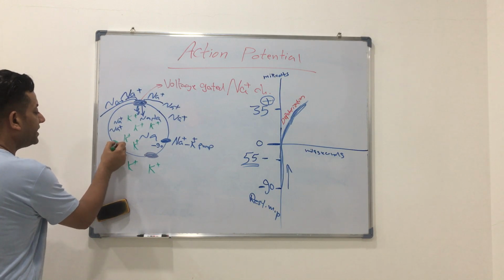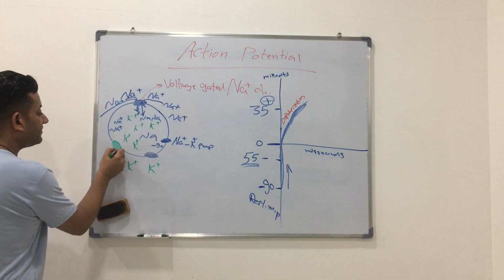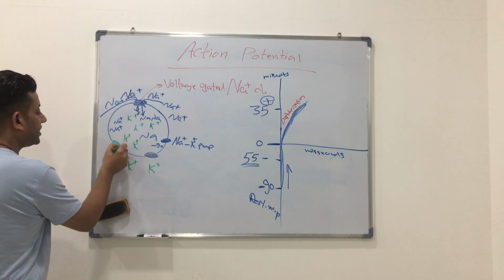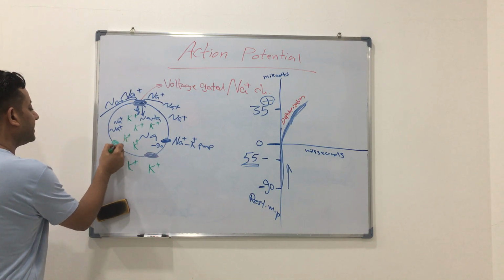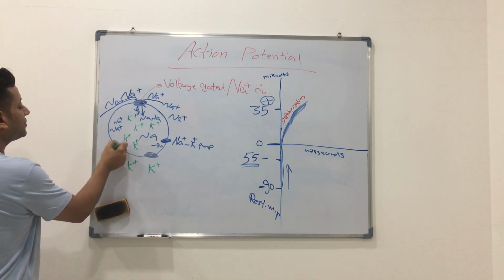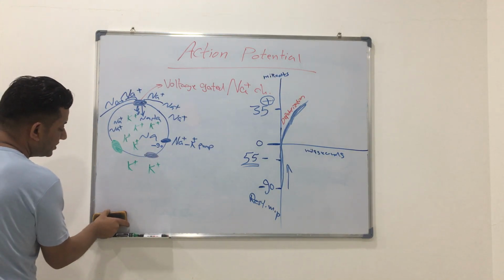We have spoken about the voltage-gated channels, and we said at the start of the lecture that there are many types of voltage-gated channels. Of them, the voltage-gated sodium channel and the voltage-gated potassium channel.